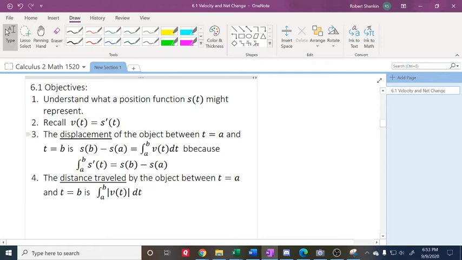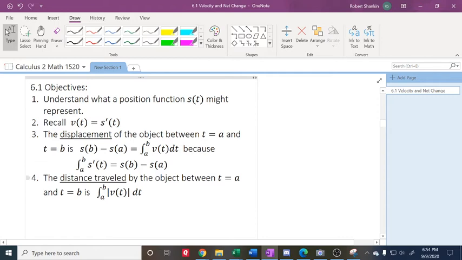Why is it the integral of the velocity? It's the integral of the velocity because velocity is s prime of t. And you take an antiderivative of s prime, which is s, evaluate it at the upper limit, and evaluate it at the lower limit, and you subtract. So thus, the displacement is going to be the integral of the velocity.